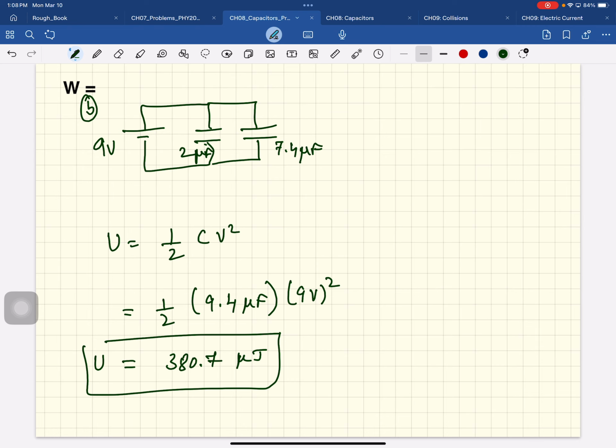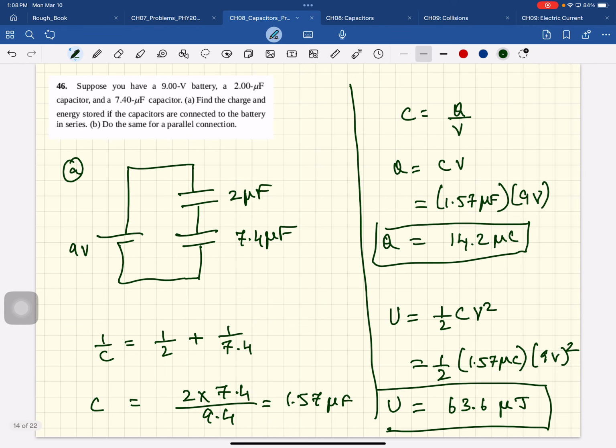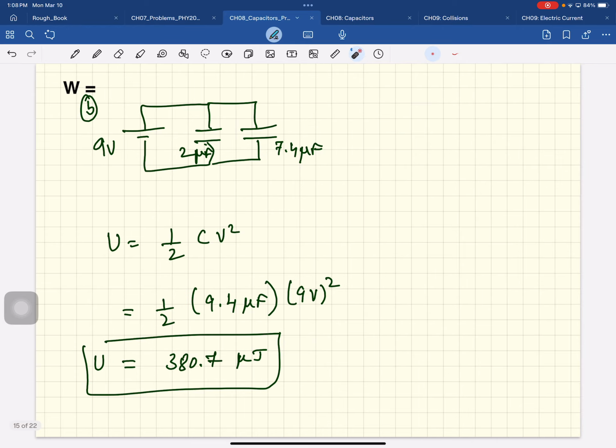So you see this? In the series combination of these two capacitors connected to a 9-volt battery, you stored about 60 microjoules of energy. And here you're storing 380 microjoules, 6 times greater.